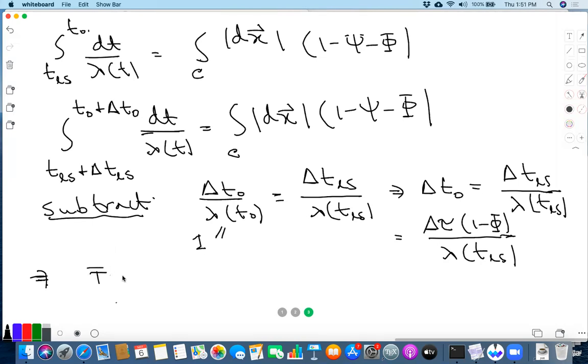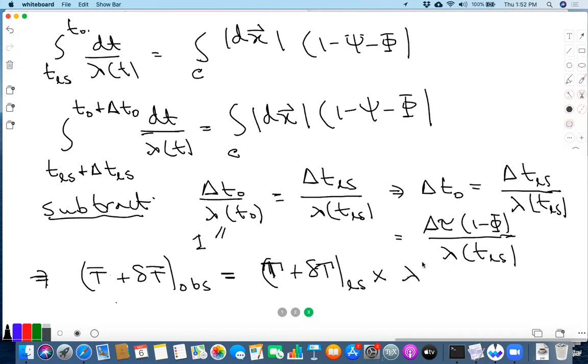So T bar plus delta T bar that we observe is given by T that the inertial observer at the last scattering surface observes, times lambda of TLS over 1 minus phi.